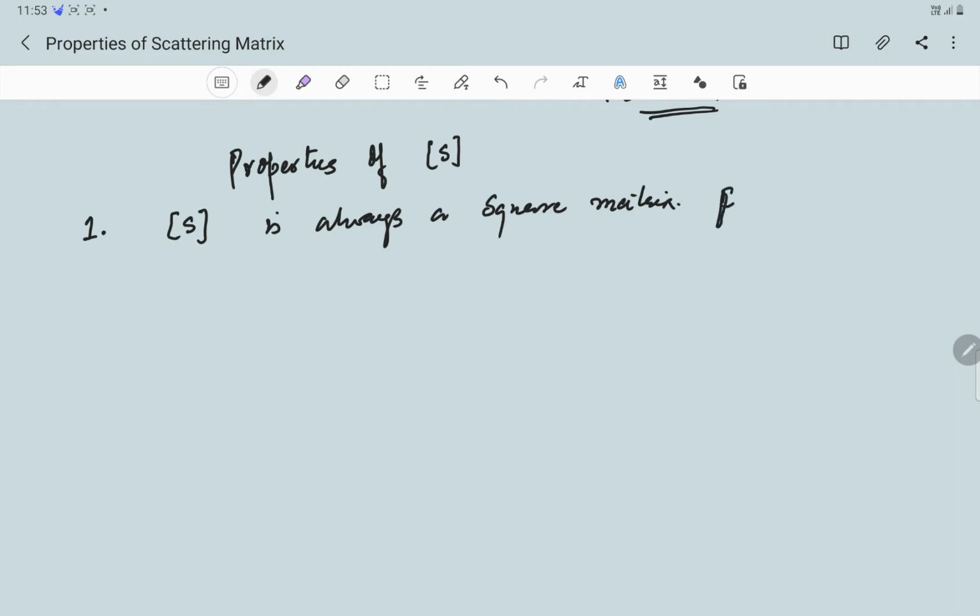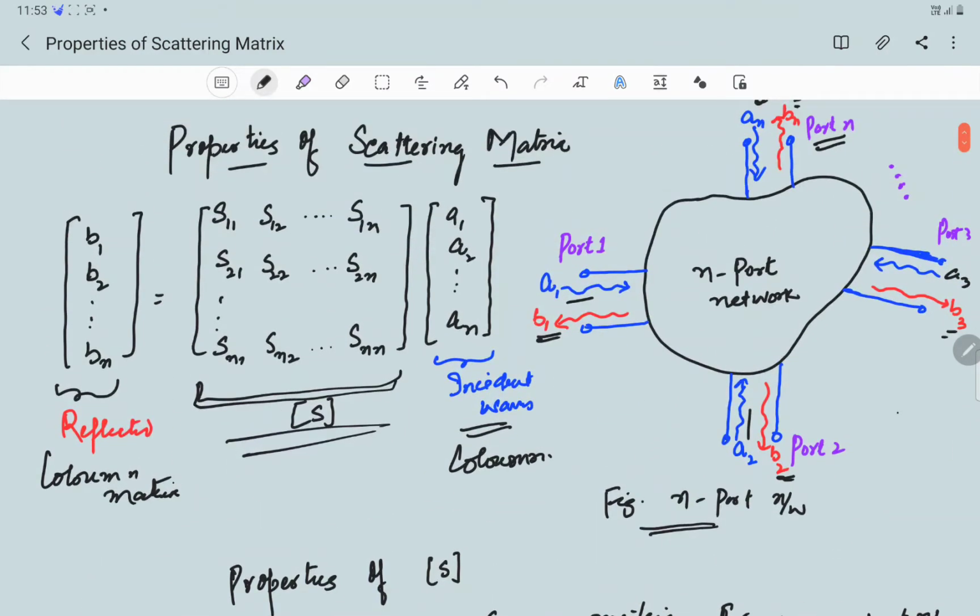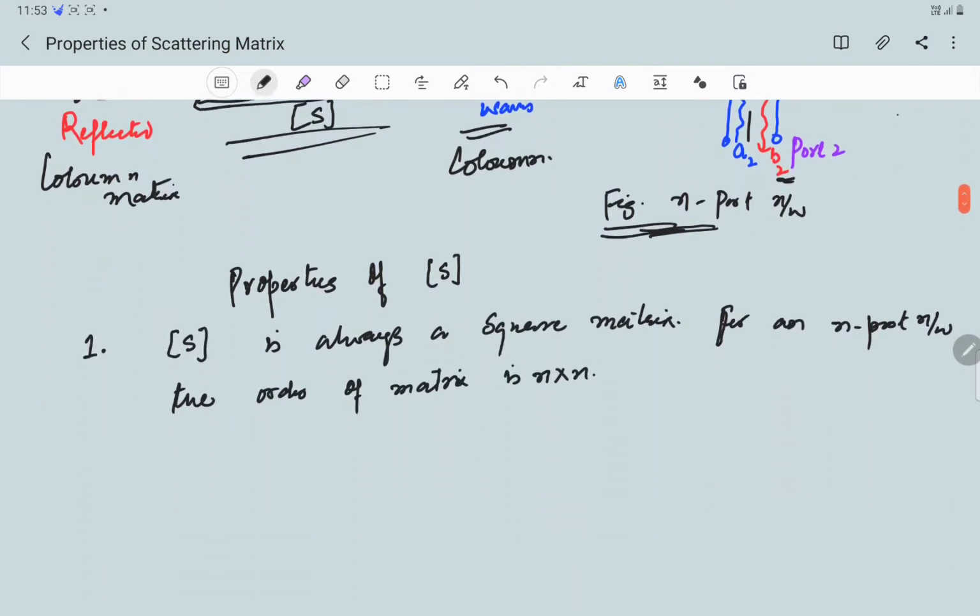That means for an N-port network, the order of the matrix is n cross n, as we have seen above, that for an N-port network shown here in the figure, the S matrix has an order of n cross n. So this is the first property.